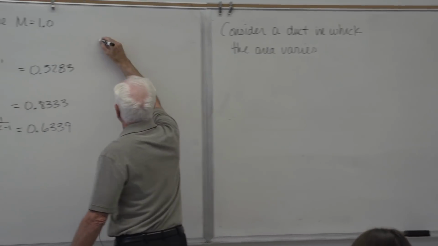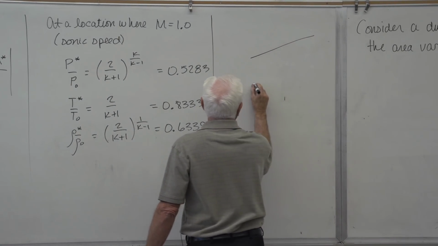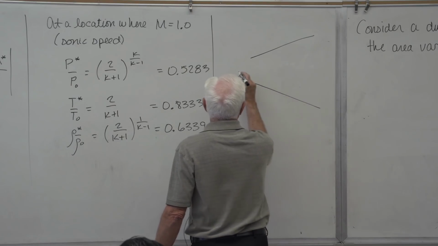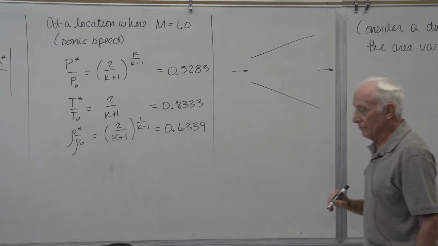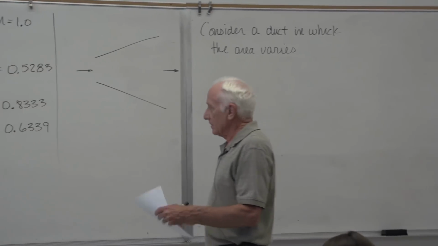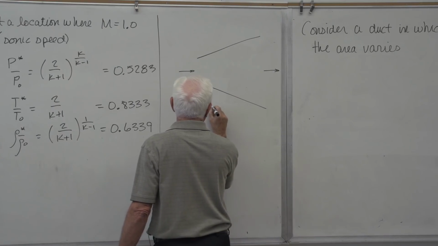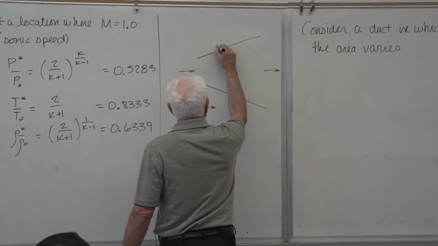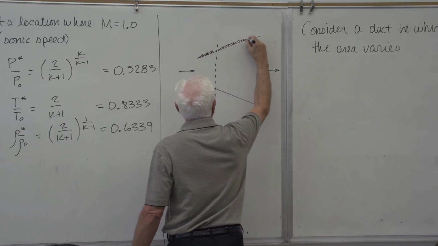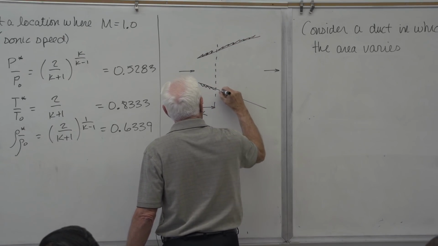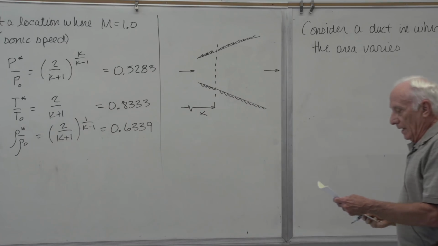I'm going to put it over here so that I have more room. So here's a duct where the area is changing with X. We can measure X from somewhere here.